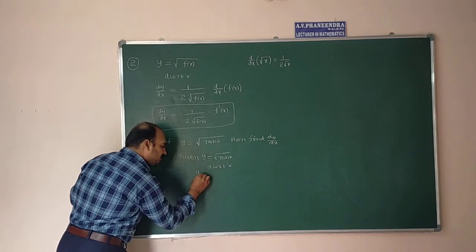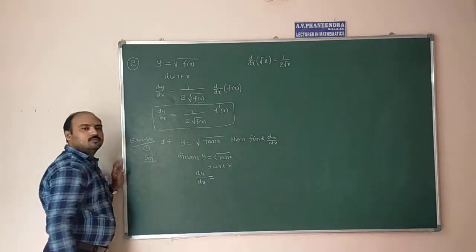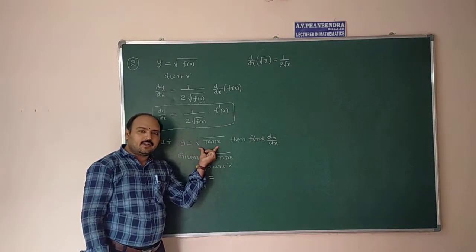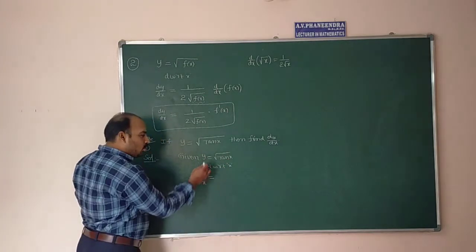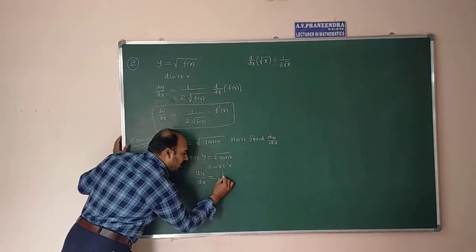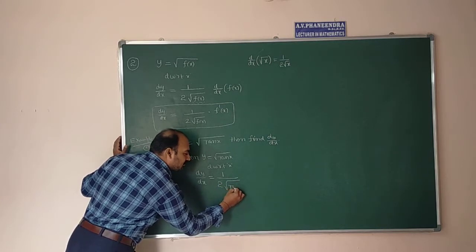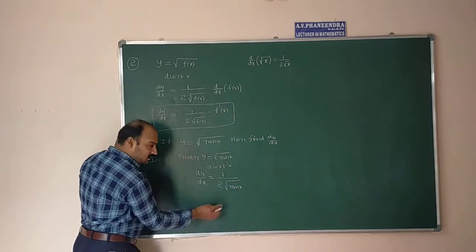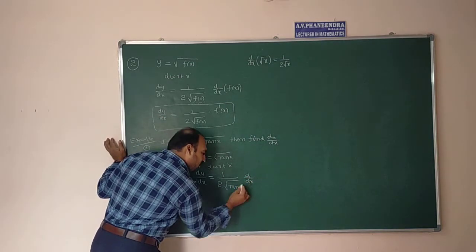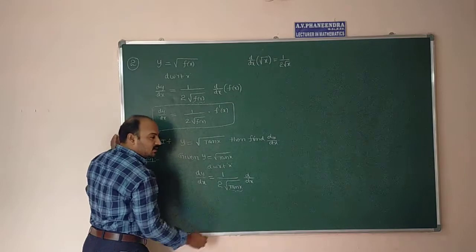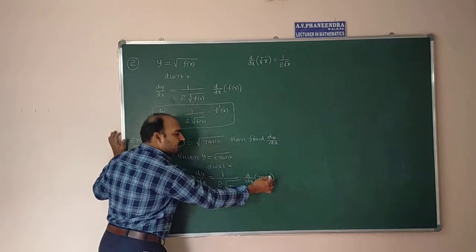The derivative is dy by dx is equal to, it is root tan x, but it is in the form of root x. Root of tan x derivative is 1 by 2 into root of tan x. After that, this tan x you have to differentiate, d by dx of whatever the function is involving, that you have to differentiate, d by dx of tan x.